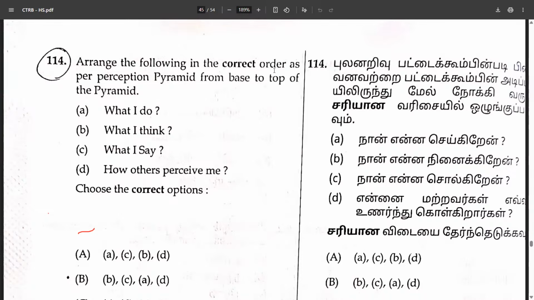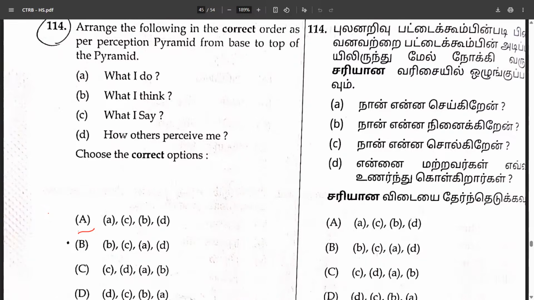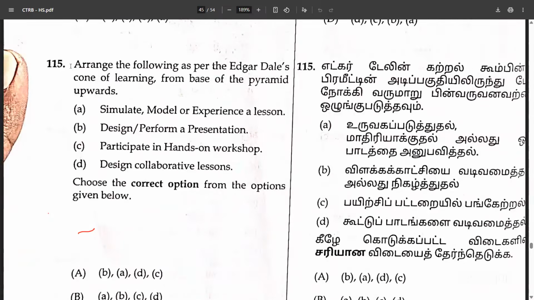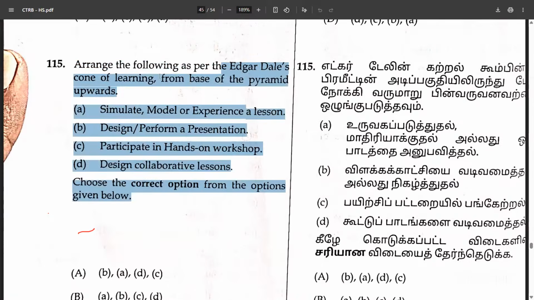114 question is arrange the following as per the perception pyramid from the base to top of the pyramid. So first thing will be what I think, then what I say, then what I do, and at the end how others perceive me. Then 115 question is arrange the following as per Edgar Dale's cone of learning.